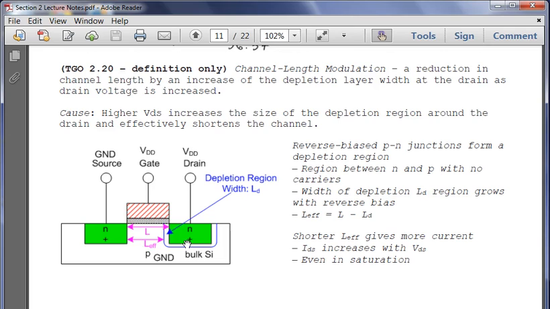The reverse bias PN junctions form the depletion region, and the width of the depletion region grows with this reverse bias, and it shortens the effective length of the channel. Now, the shorter length of the channel is going to end up providing more current because IDS increases with VDS. So we have our higher drain source voltage, and that causes the current to increase as well.